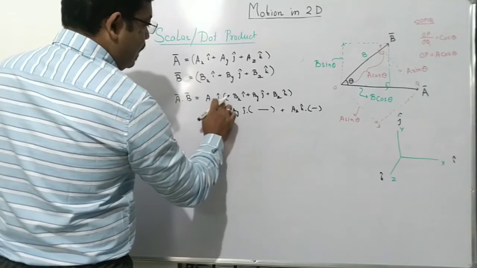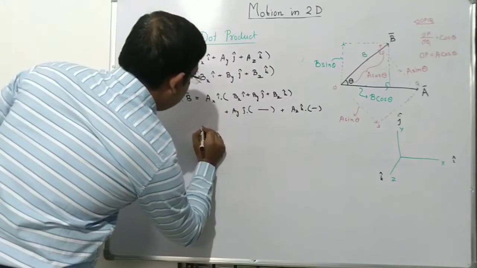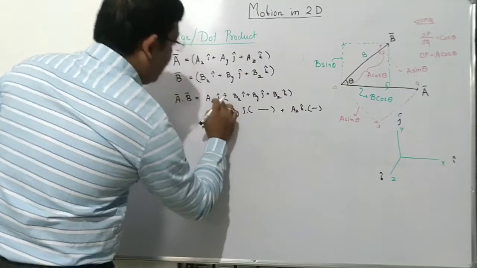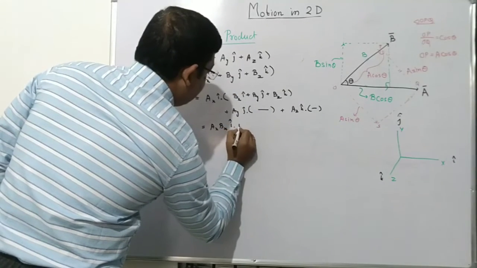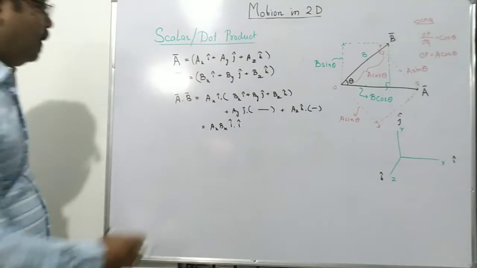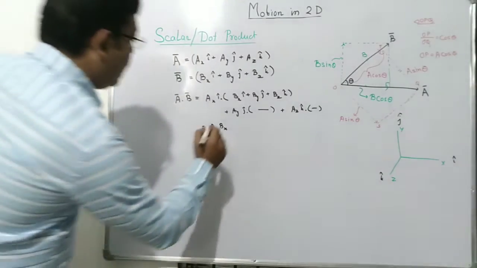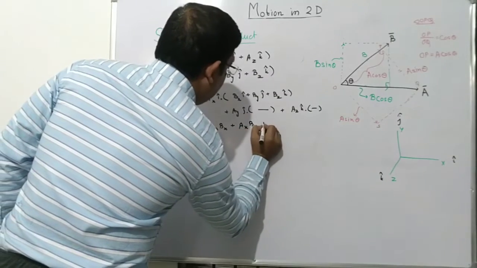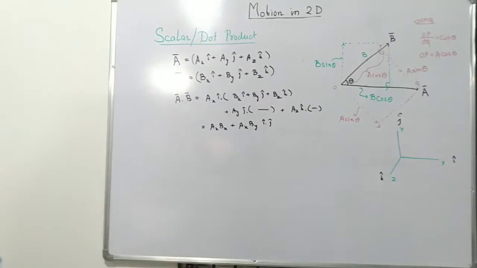So Ax and Bx are coefficients or constants, so we take them outside: Ax Bx I cap dot I cap. I cap dot I cap we have just found is 1. So we are left with this first term, plus Ax By I cap dot j cap, which is 0.